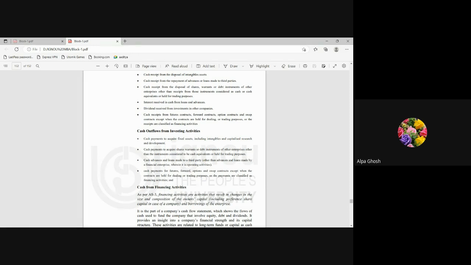So, these all are in your financing activities. So, for financing activities, it is your liability side. Next, for investing activities, it is your asset side, and operating activities, it is basically with the profit and loss account given in the financial statement.